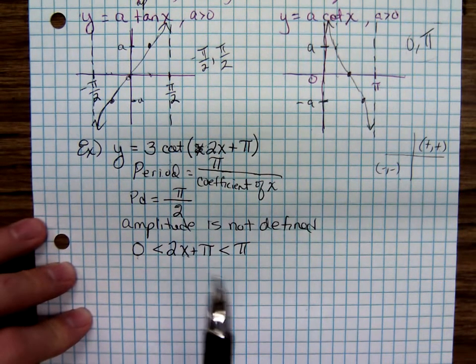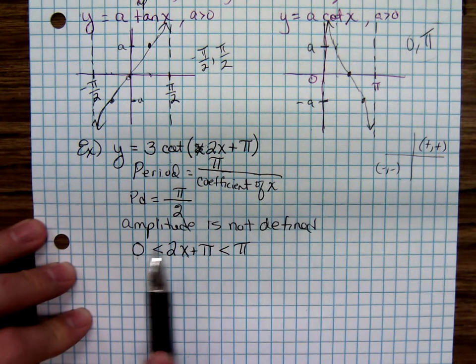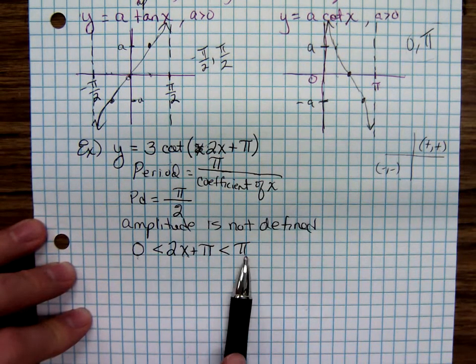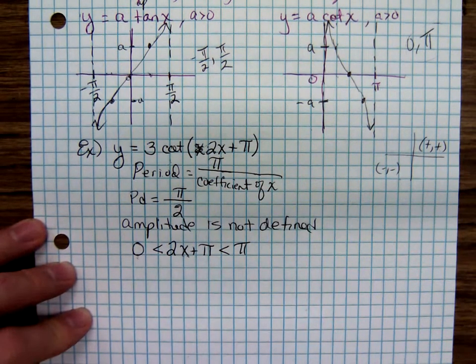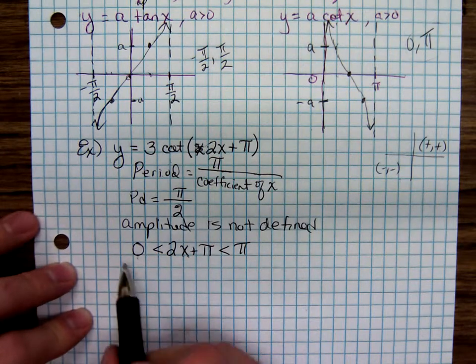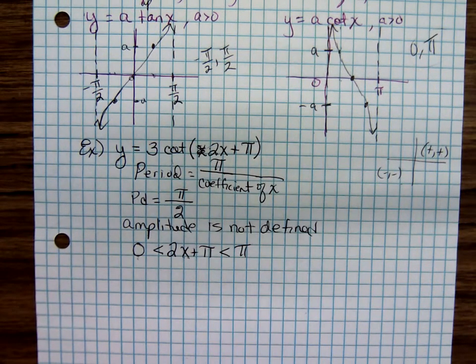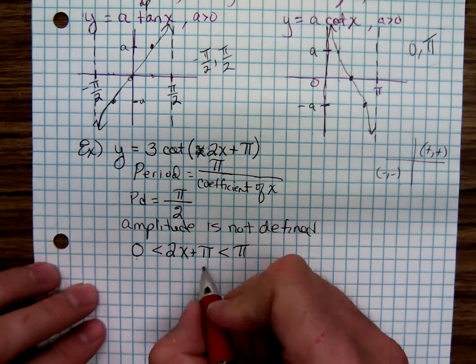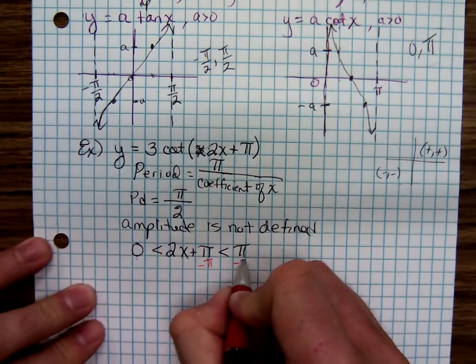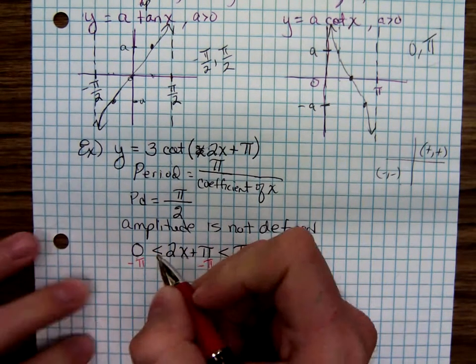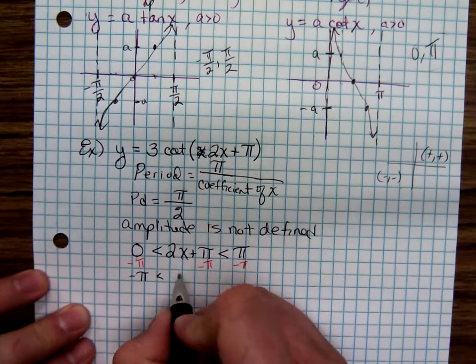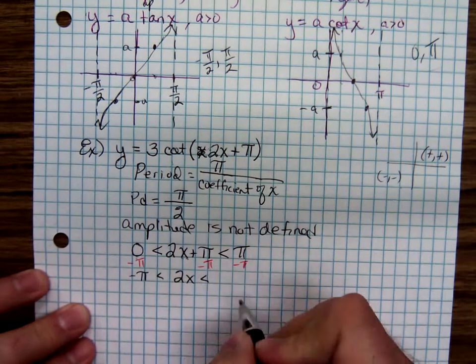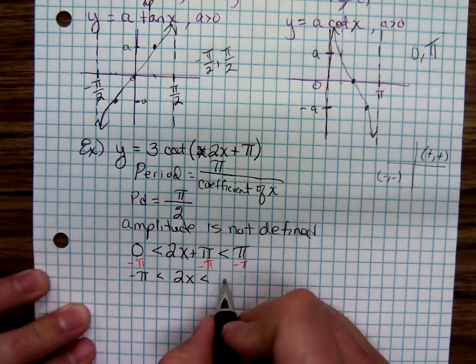So this is the big difference. If it's tangent, you set it between negative pi over 2 and pi over 2. If it's cotangent, you set it between 0 and pi. So let's see, how would I solve this for x? I'm going to subtract pi. So we have negative pi less than 2x less than, oh, is that 0?